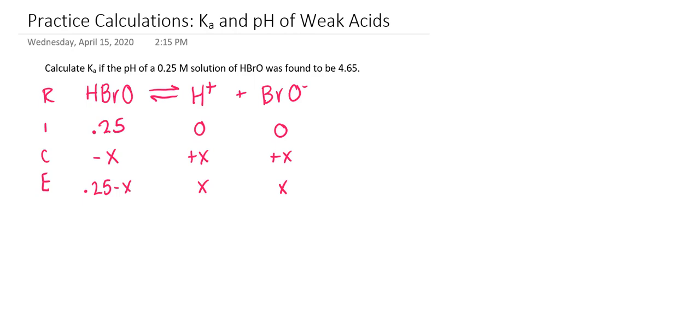Alright, once we have our RICE table filled out, we want to solve for X. X is equal to the hydrogen ion concentration. So if I can solve for H+, I could solve for X. Well, I'm given the pH, so I know that 10 to the negative pH will be equal to the concentration of H+.